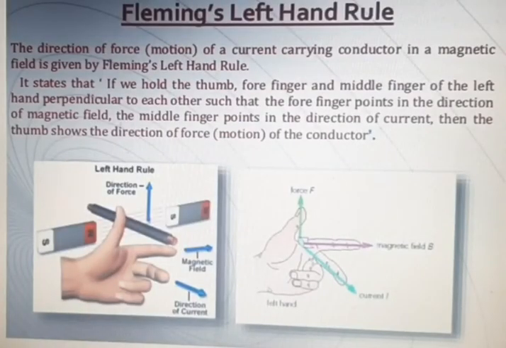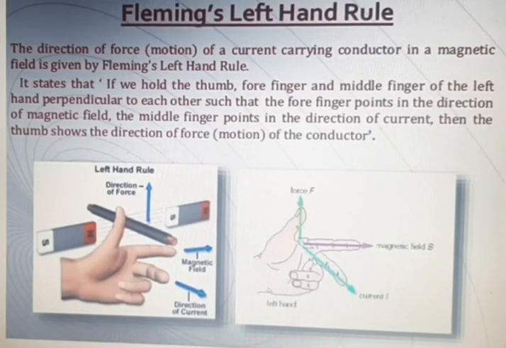Now we are going to learn about Fleming's left hand rule. In the last topic, we learned that a current carrying conductor placed in a magnetic field experiences a force. Fleming's left hand rule helps us in connecting the direction of force, the direction of magnetic field, and the direction of current.